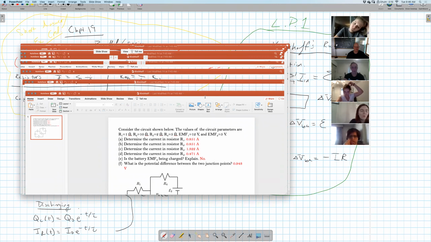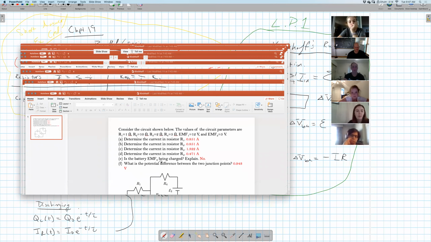What it wants us to do then is determine the currents. It asks specifically for each resistor. One thing I've seen in the past is whenever I ask for a current through a resistor, students like to think that there has to be a different current through each resistor, just for fun. I don't know why.